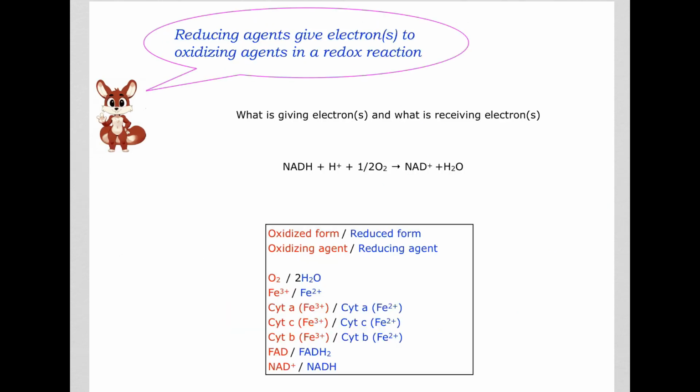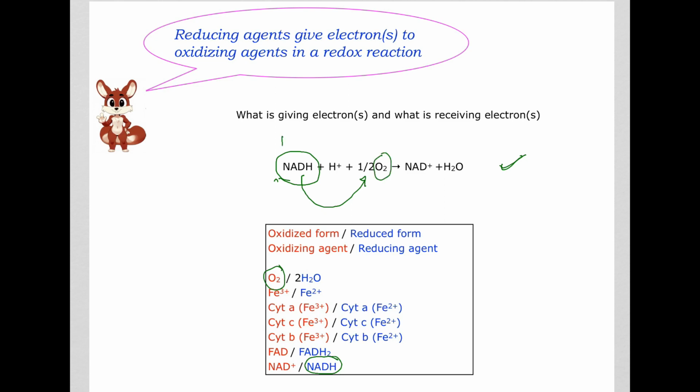Another important thing to understand is what's happening in a redox reaction. So let's look at this redox reaction here. NADH is the reducing agent. That's the reduced form. So the reducing agent always gives electrons, one or more electrons, to the oxidizing agent. Oxygen is the oxidizing agent.